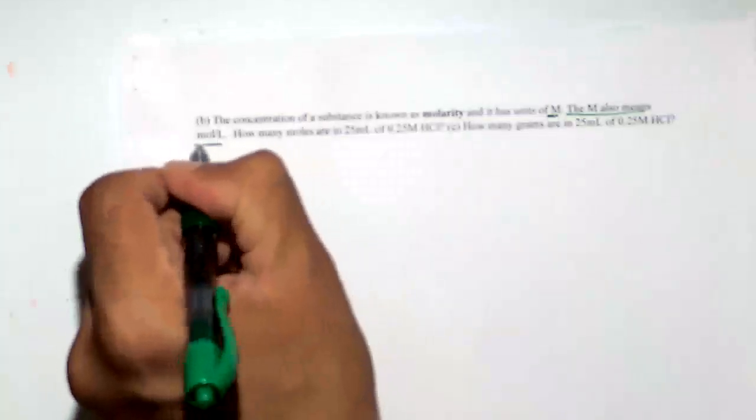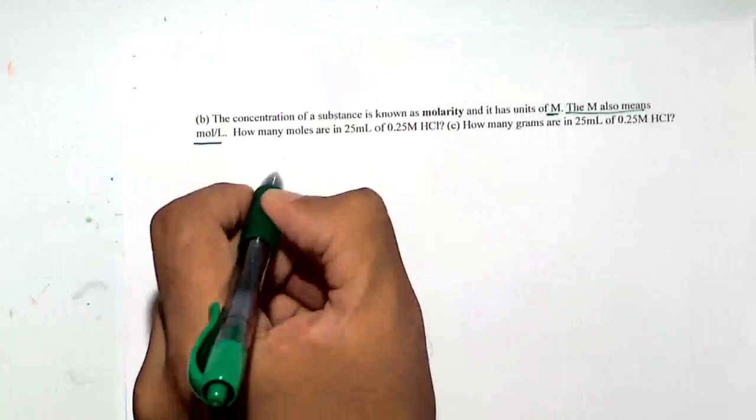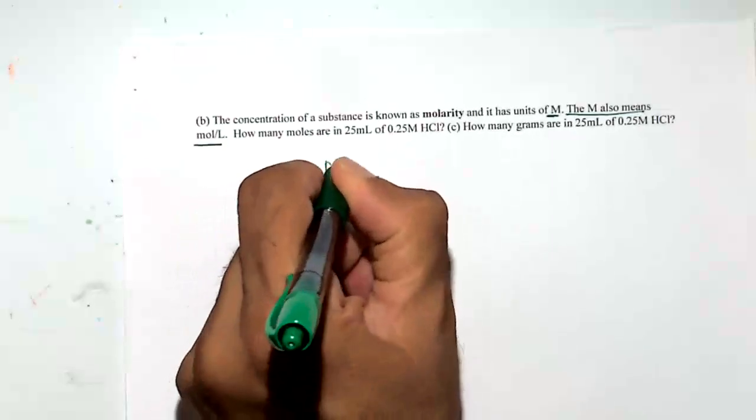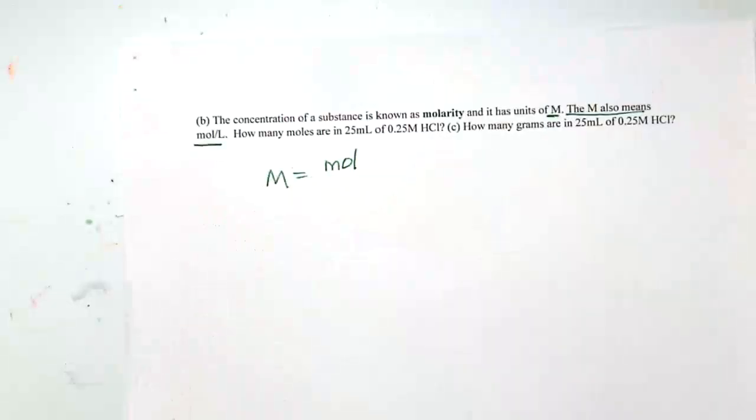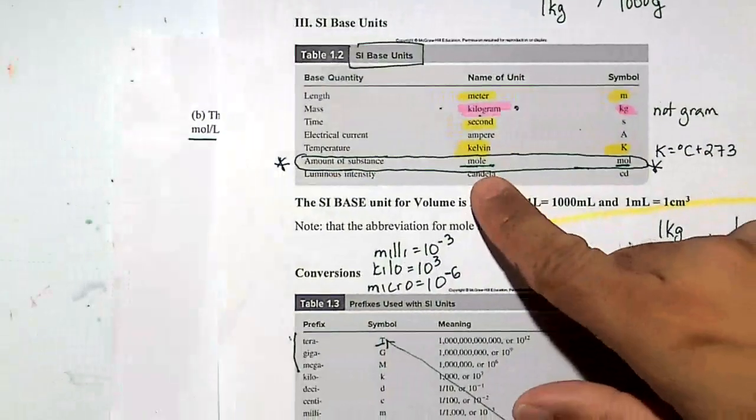The concentration of a substance is known as molarity. I didn't teach you this, I'll teach this to you in chapter 4, but that's fine. It has the units of M. The big M also means moles over liter.